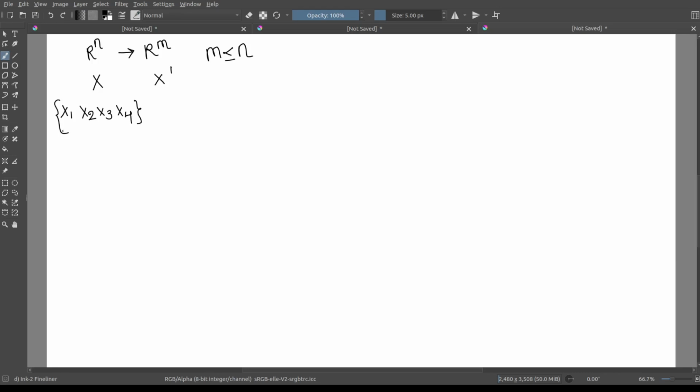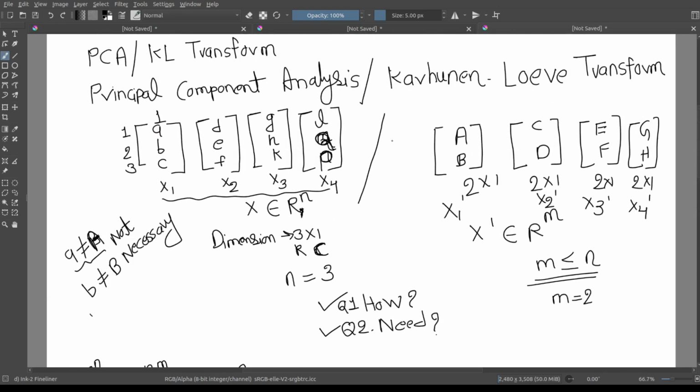But with one vector there is no meaning in reducing the dimension, so let's say we have four vectors. These four vectors are some real valued numbers like this. Some vectors are given to you.